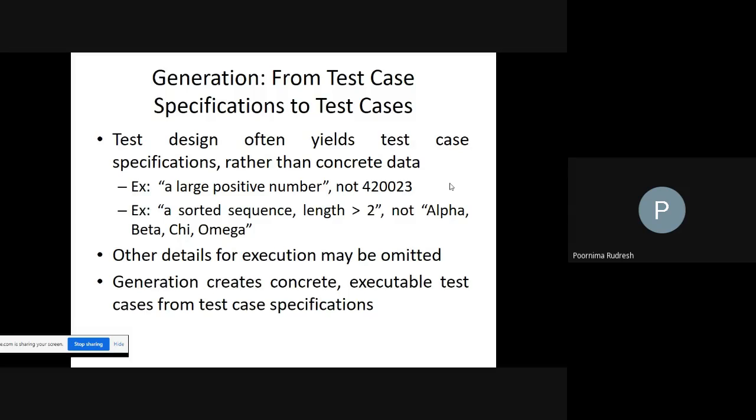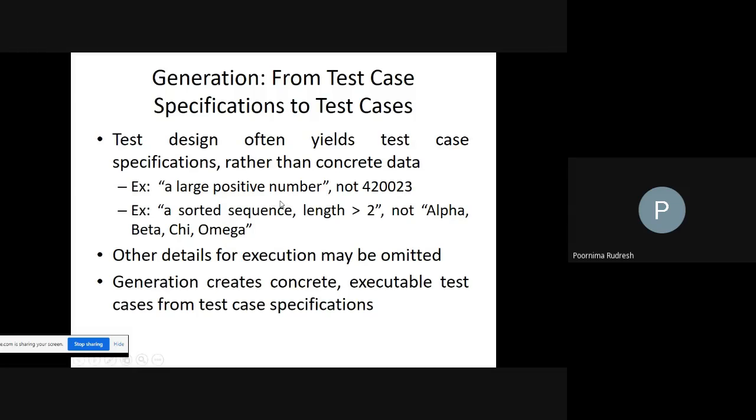We are not specifying which positive number. If we specify a particular number, like 420023, then we say it is concrete data. But here we are specifying a large positive number, which may be any number, but a very large one. We are not specifically telling which.